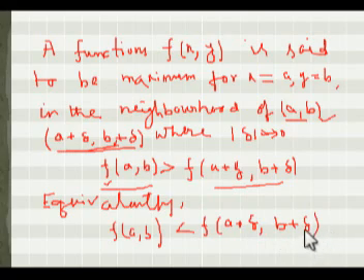So the function's value at (a, b) must be less than or equal to the function's values in the neighborhood of (a, b). These are the definitions of maximum and minimum of a function of two independent variables.